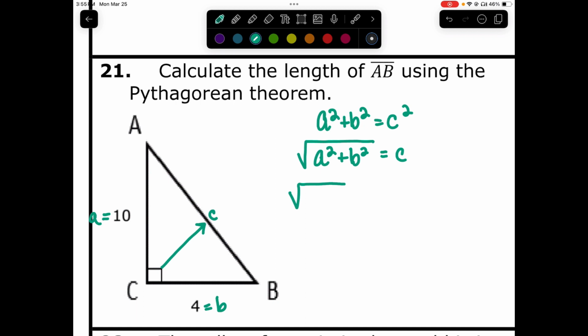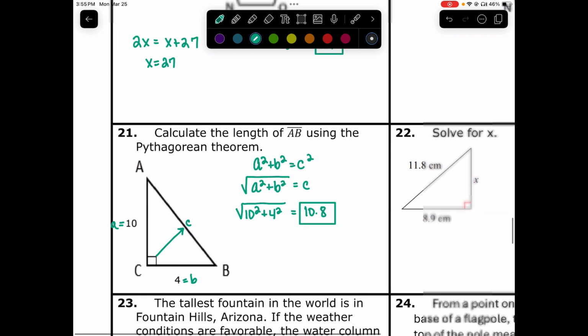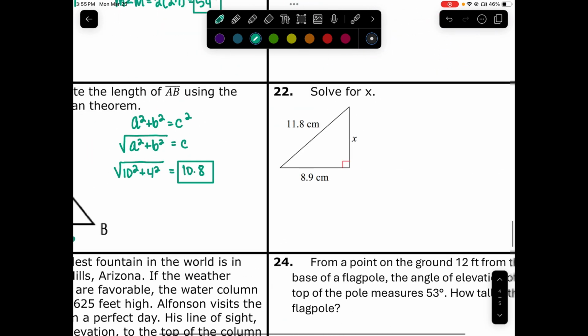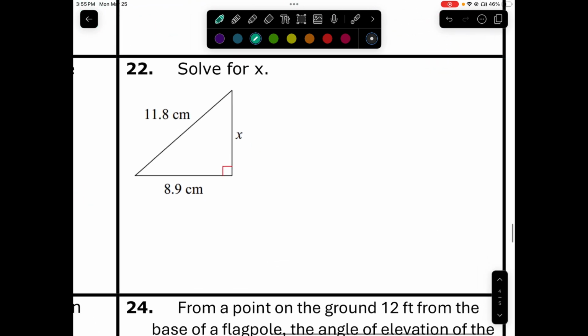So we're going to take the square root of 10 squared plus 4 squared and pop that into our calculator. Just like normal, you don't need to go through menu and all that. Just type it as normal. So we get 10.77, which rounds to 10.8. All right, number 22, give it a shot.